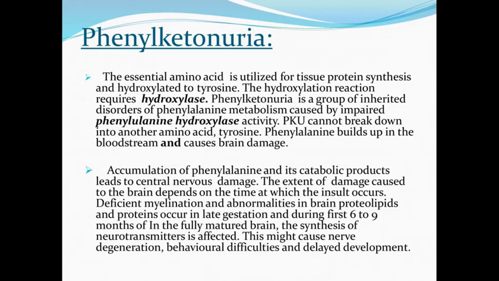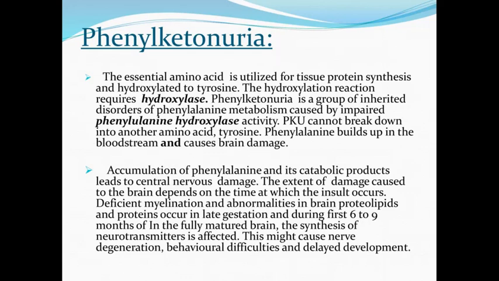Okay, so in PKU, phenylalanine cannot be broken down into another amino acid, tyrosine. Phenylalanine builds up in the bloodstream and causes brain damage. So basically it is the enzyme impairment of phenylalanine hydroxylase, which cannot break down phenylalanine, and it accumulates in your bloodstream and causes brain damage.